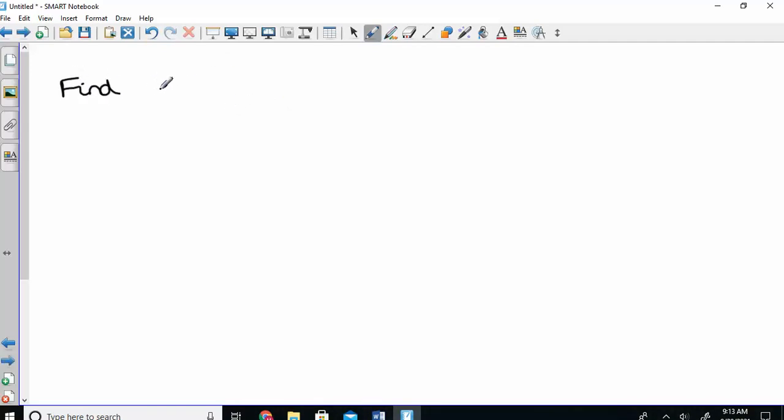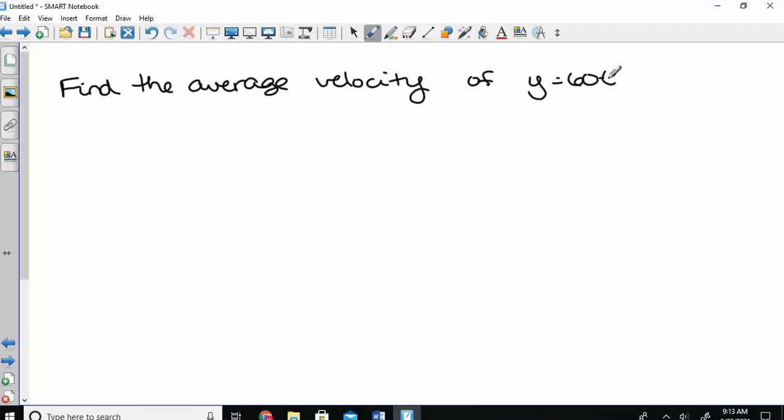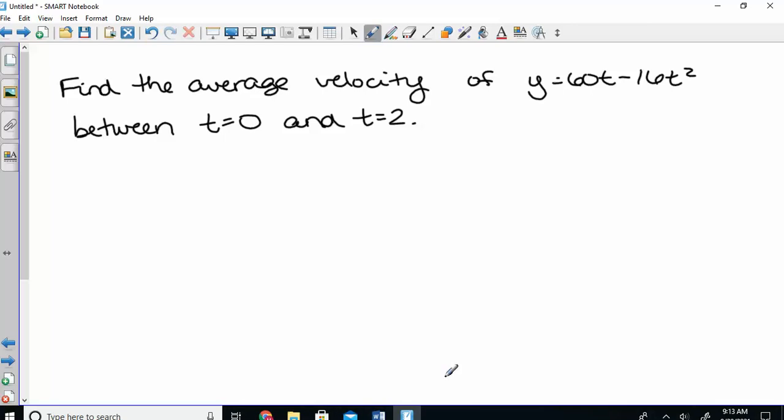If I said find the average velocity of y equals 60t minus 16t squared between t equals 0 and t equals 2.